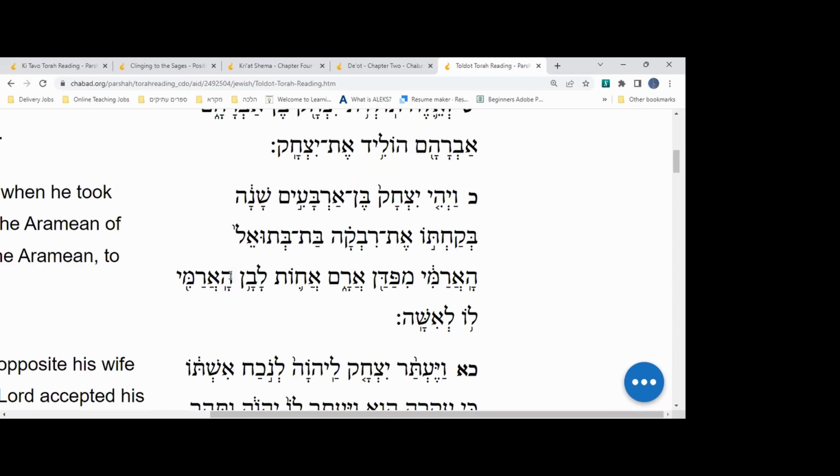If I read this, even if you don't know a single word in Hebrew, if you hear me read this correctly with the dagesh, you are going to notice the parts with dagesh. Lavan ho Arami le'isha. The parts with dagesh stand out even to someone who doesn't know the language.